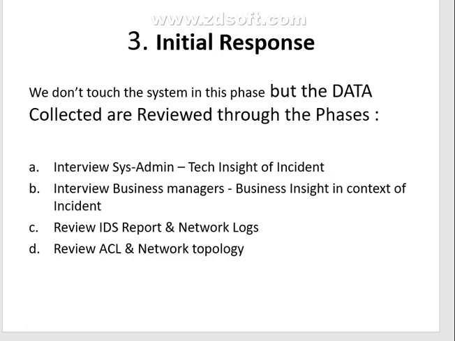This is where we interview the necessary stakeholders, such as the system administrator or the business managers, as well as review the IDS report, network logs, the access control list and the network topologies.